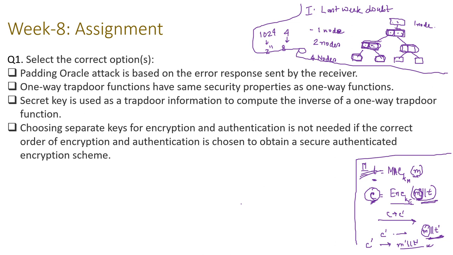In a one-way trapdoor function, the security says that without the trapdoor information, it is hard for an adversary, given a random y value from the output space, to get the corresponding x value such that f(x) equals y. If you are not eligible to get the trapdoor, you can't, but if you are an eligible party with trapdoor access, then you are able to go in the reverse direction. So in terms of that, they have different security properties.